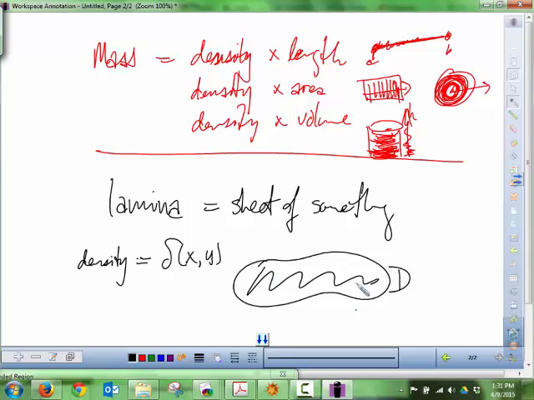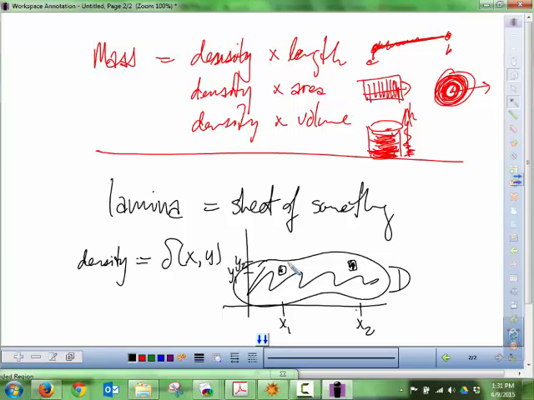We can describe the density by seeing how dense it is at any point. If I'm over here, I can say this is denser than this point, and it doesn't have to be with respect to one variable. It's going to be with respect to your x and y position. So they'll have different densities, dependent on your x and y position.